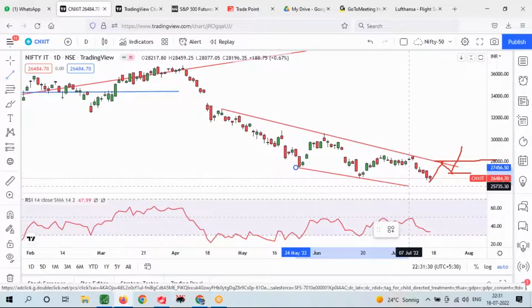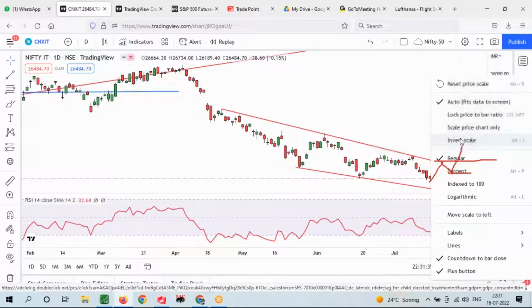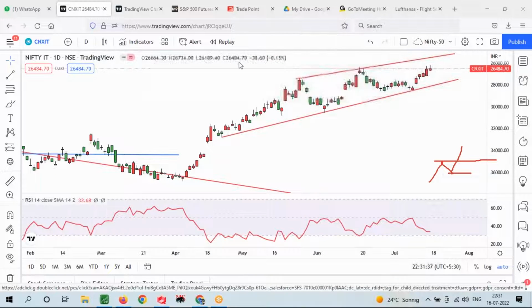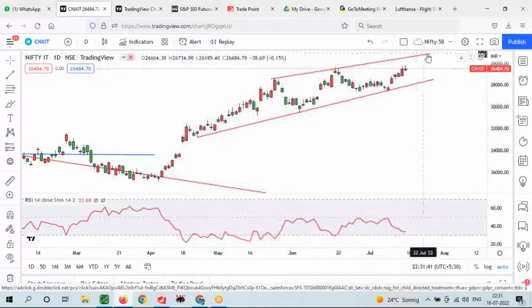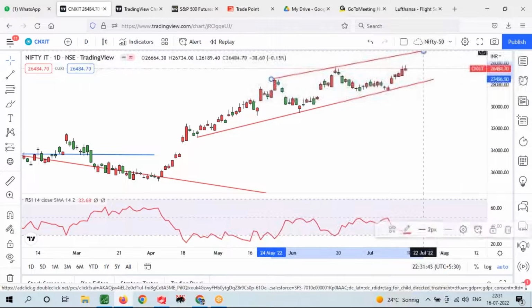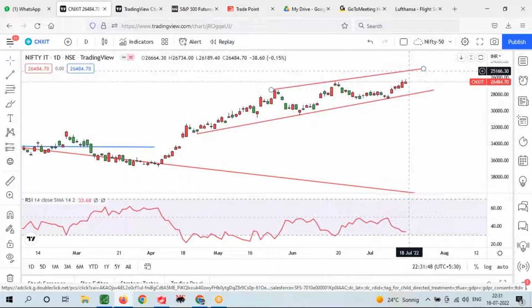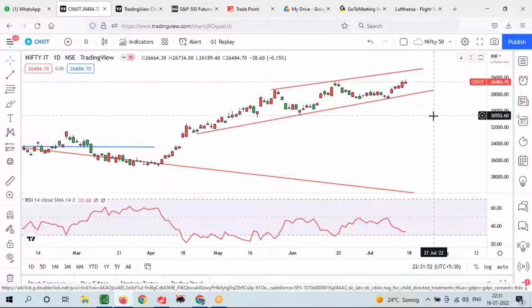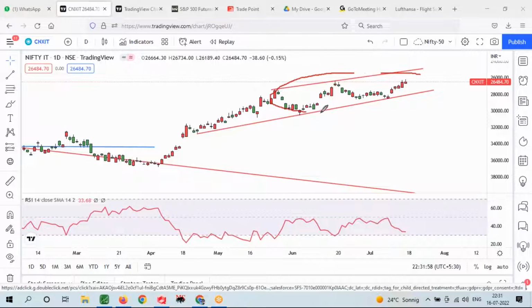But yes, when you look at the inverted chart, you will understand what is happening. See, it still has potential to go down further. So 25,200 can be a good support. Then this will look like distribution on the inverted chart.